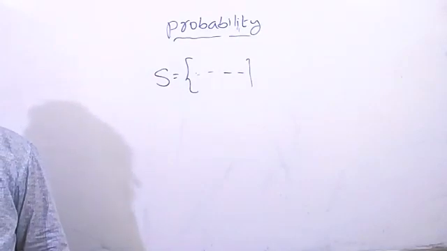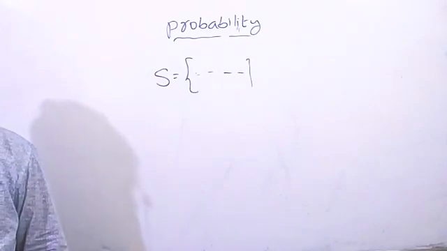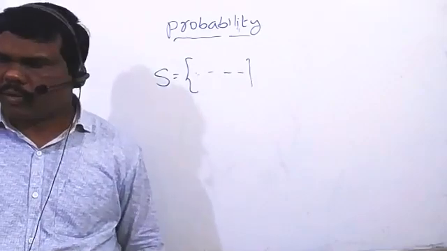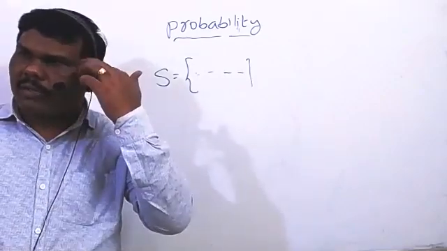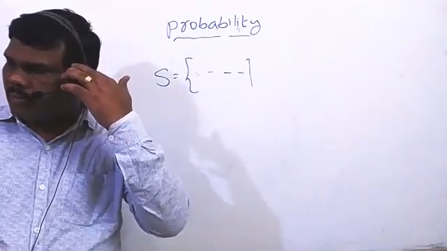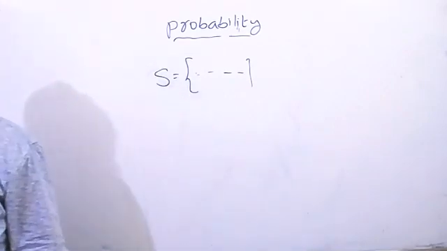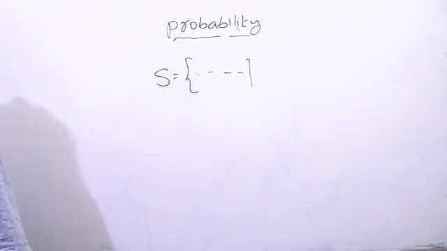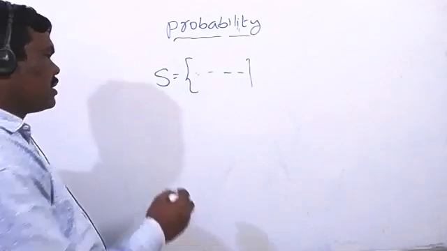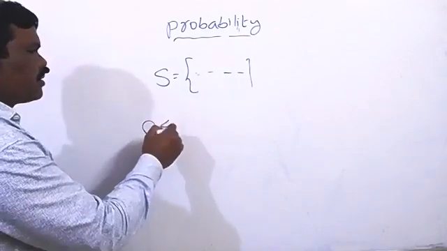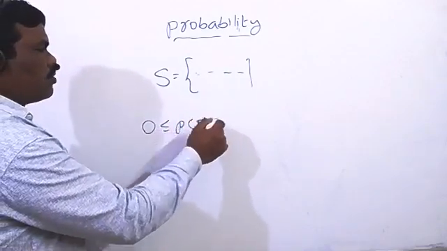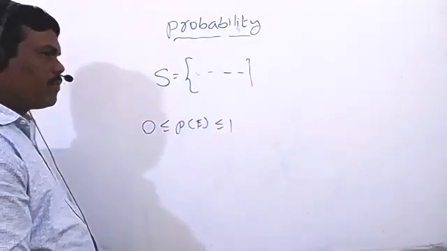What is the total probability? The sum of the probabilities. And what is the probability of an event, and what value will you get? These are all basic concepts, but don't forget this: 0 less than or equal to P(E) less than or equal to 1.